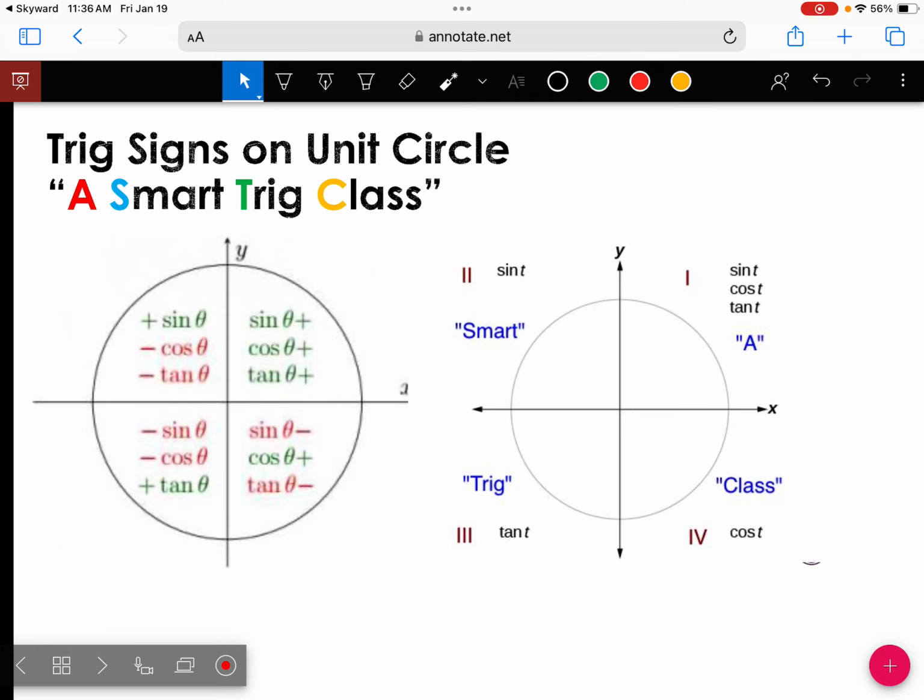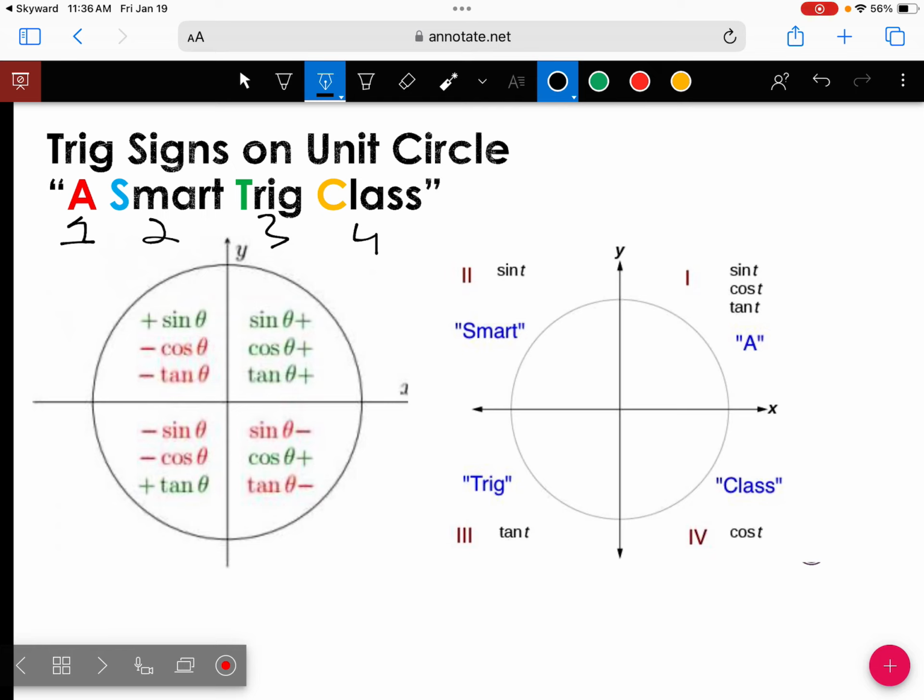And so what quadrant is this? And so that's exactly how this goes. This is for quadrant 1, quadrant 2, quadrant 3, and quadrant 4. And what it's really telling you is which one of the ingredients are positive in that quadrant.